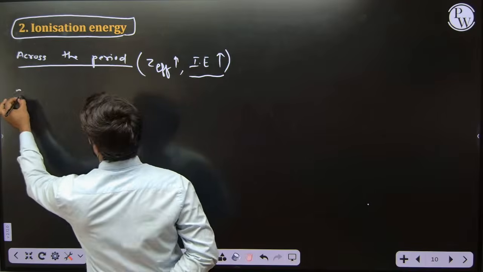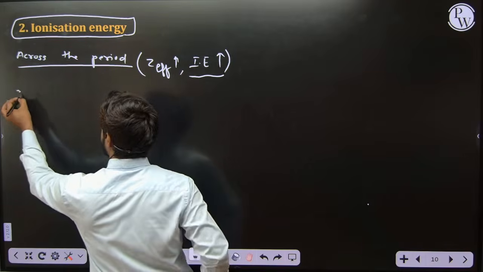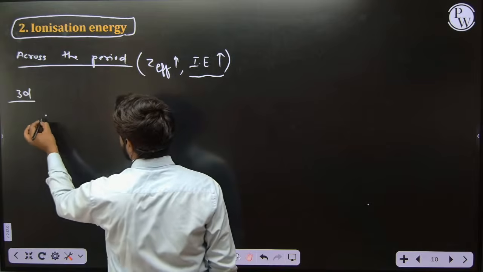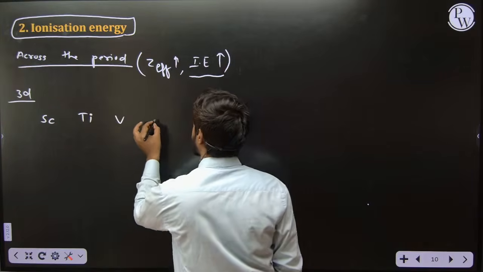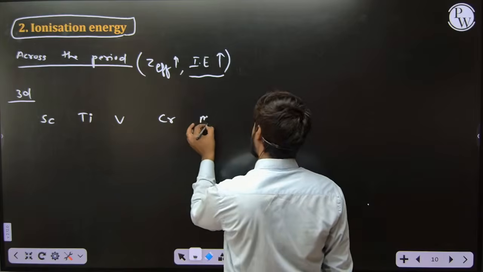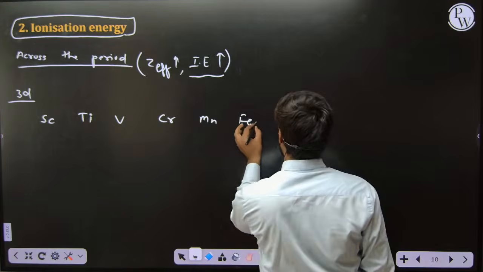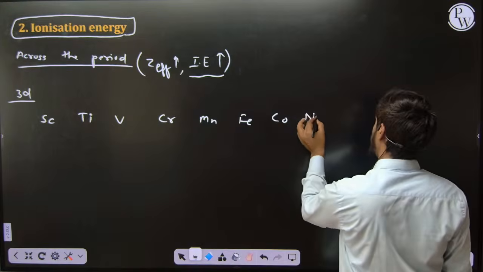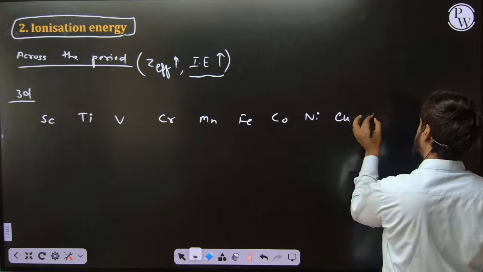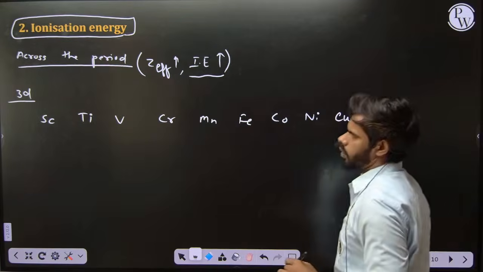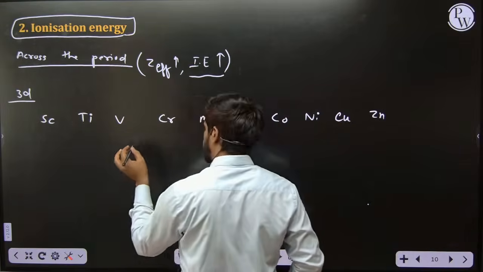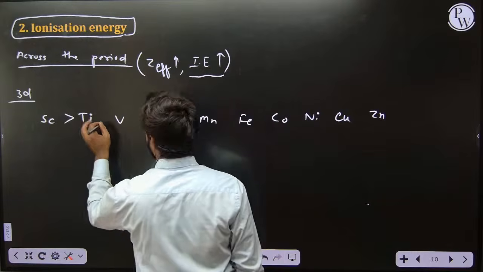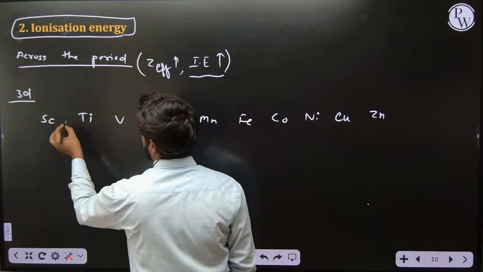Across the period, if it is the 3D series, in case of the 3D series it is scandium, titanium, vanadium, chromium, manganese, iron, cobalt, nickel, copper, zinc. As we know, the ionization enthalpy should increase as we move.